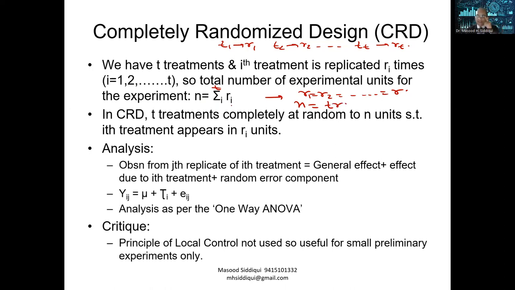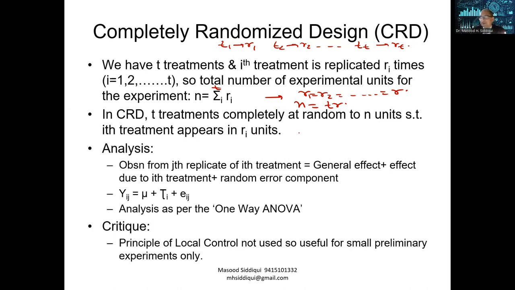So this is N. Now in CRD, since the name is completely randomized and there is full freedom, the t treatments are applied completely at random to the N units, such that the ith treatment appears ri times.